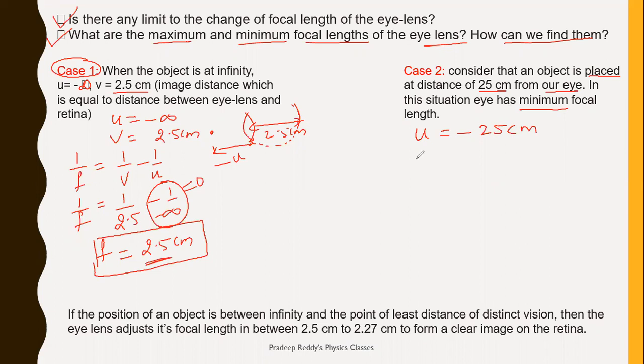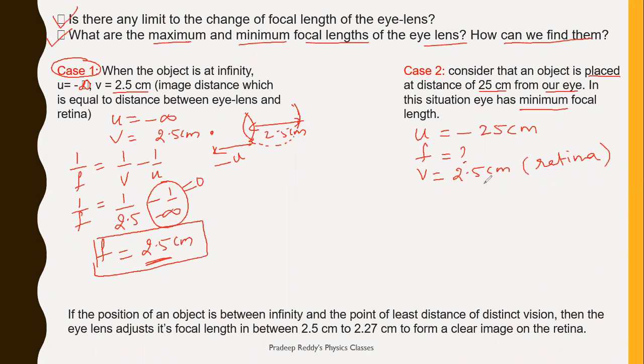I should now find this focal length. And what is the image distance? The image distance is equal to 2.5 centimeter, because this is the distance of the retina. Even though the object is placed at infinity, the image should be formed on the retina. Even though the object is placed at 25 centimeter, the image should be formed on the retina.